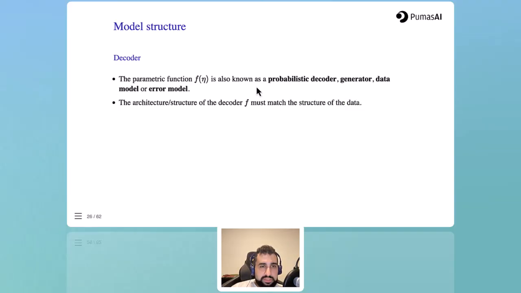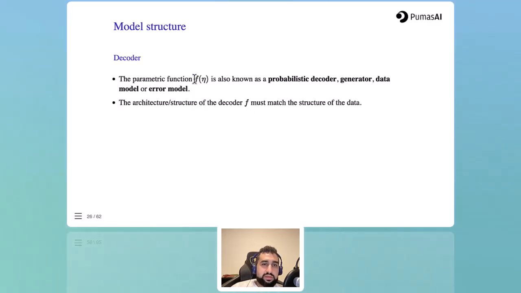If my data is time series data, then the output should also produce some distribution over time series data. If my output is an image, then the output of f should also be an image, and so on, or some distribution over images and over the different values of the pixels. That's the main constraint, but otherwise f can be arbitrarily complex.